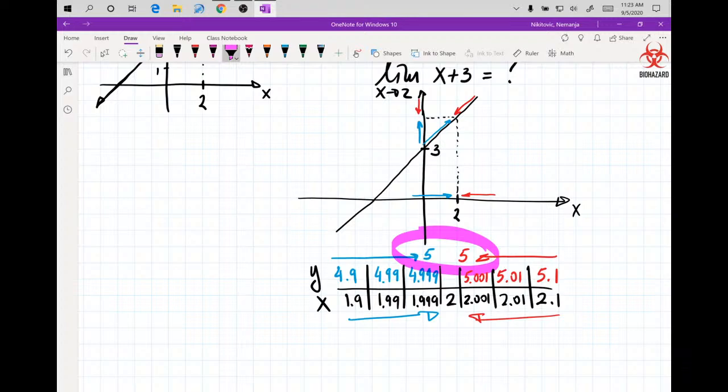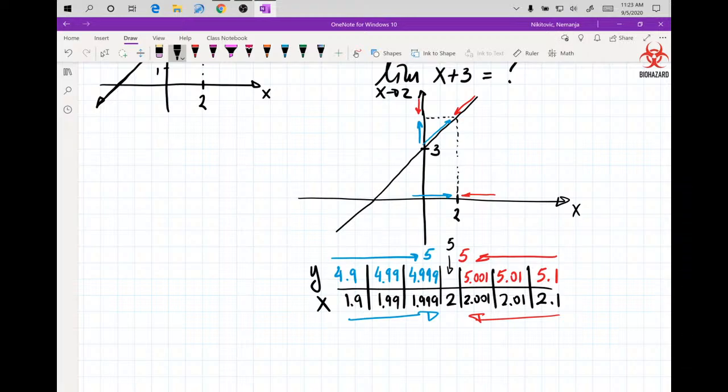If it walks like a duck and it quacks like a duck, it's a 5, right? So we get our answer to be 5. This is the way limits compute y value.